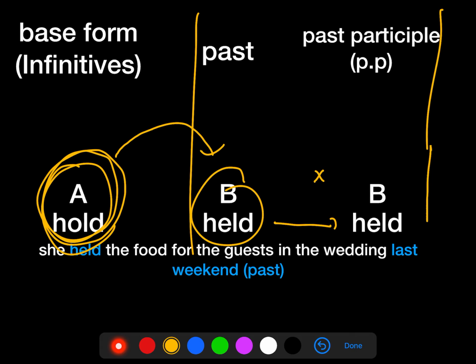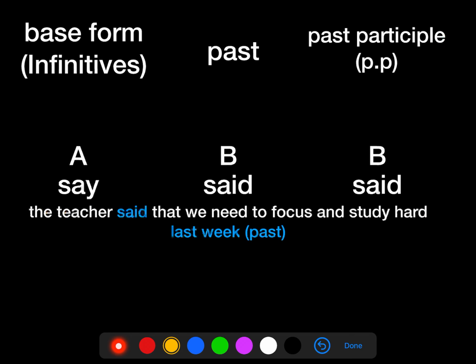She held the food for the guests in the wedding last weekend. She was holding the food for the guests in the wedding, not right now. So we need to use past. We can find that this sentence is a past from last weekend. So we should use held.